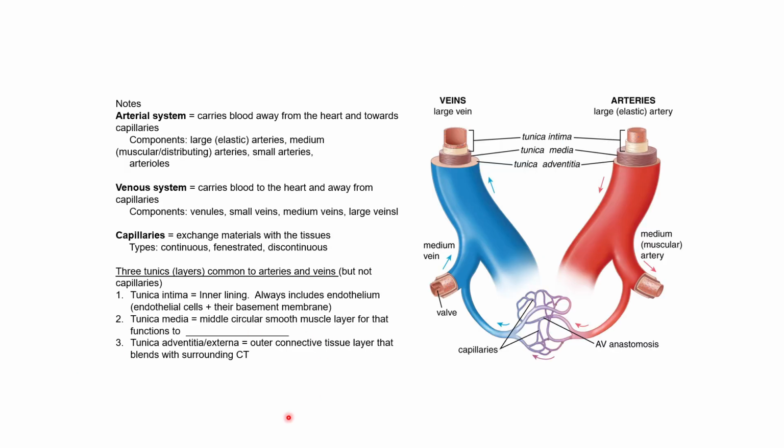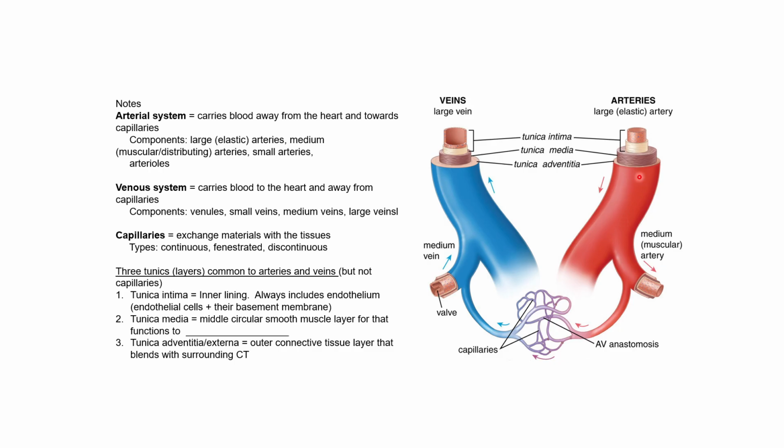So this endothelium forms the inner lining of all vessels, arteries and veins. We have the large arteries, like the aorta, large elastic arteries, where the three layers, the three tunics of the vessels, the intima, the media, and adventitia, vary.